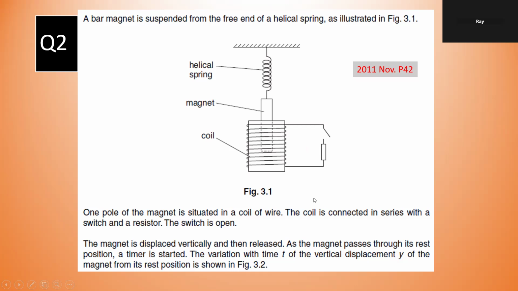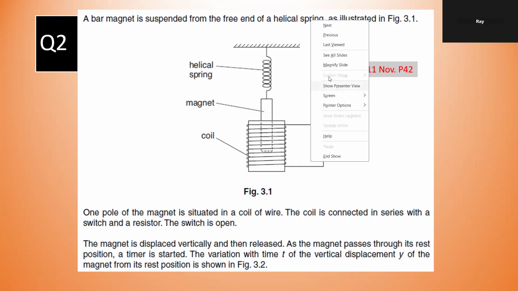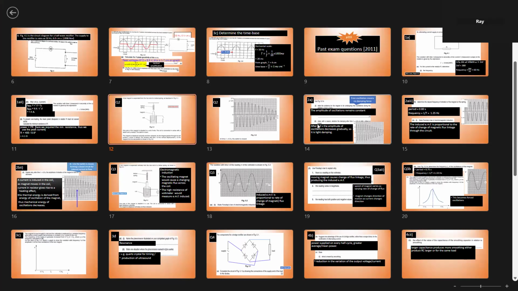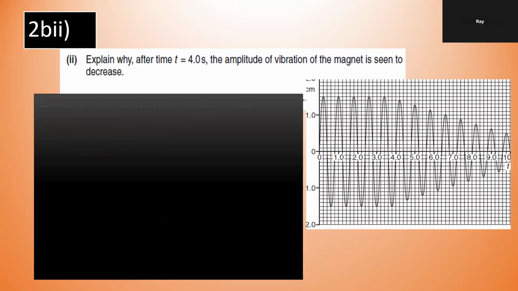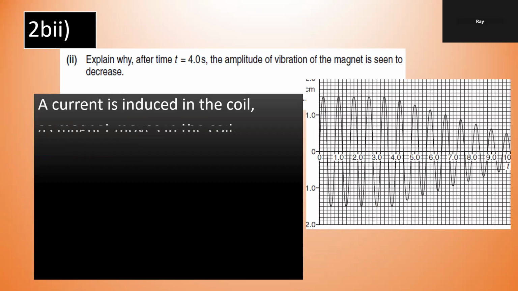Explain. Is it because of the eddy current? Yeah, but I think this is about 2 to 3 marks there, so you have to explain it properly. Right? Current is induced in the coil. No need to use eddy current. You're not familiar. Current is induced in the coil.